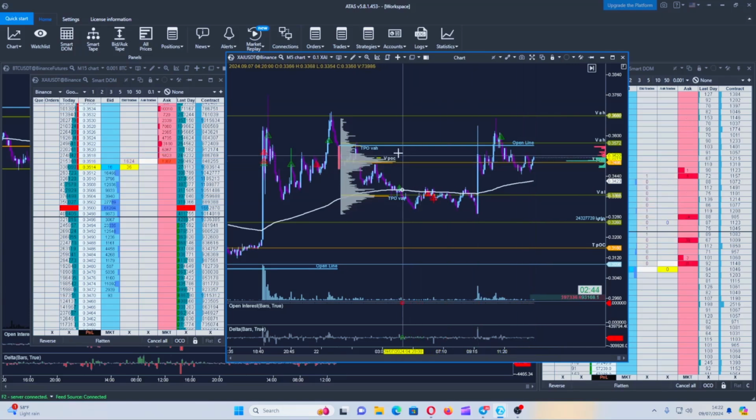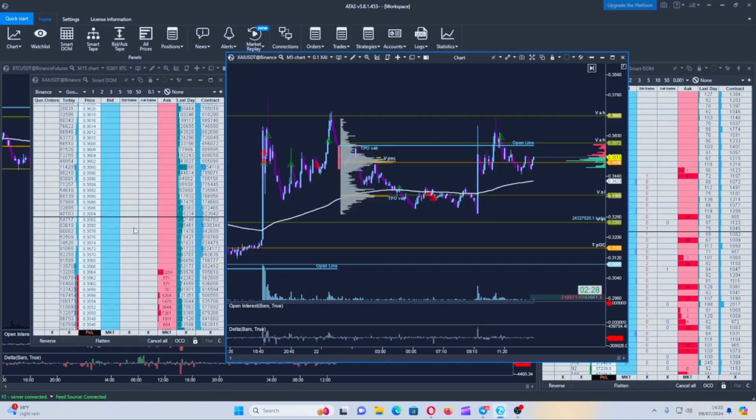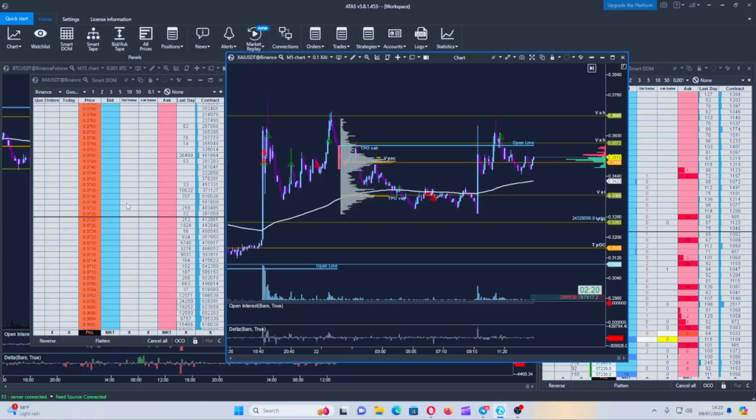You've also got the point of control, which is here, and that's why the point of control is there at the 3,500 area, because that's where all the volume is at the minute. So if we go further up the order book, can you see how it stops here? There's nothing actually sat there right now. On the previous day there was.